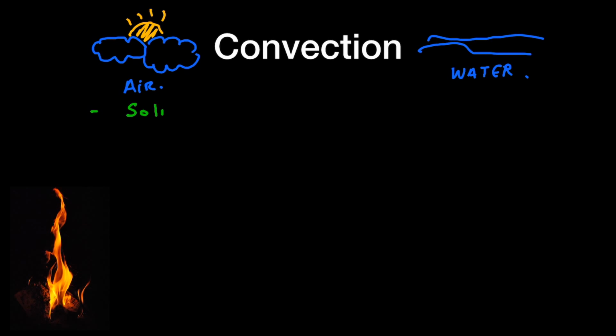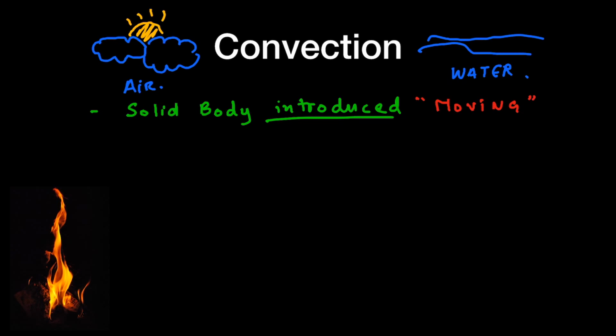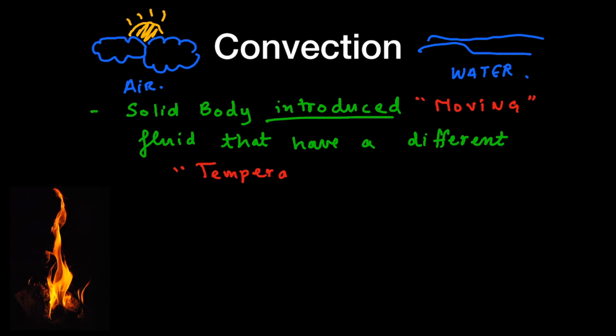So if it's a solid body and it gets introduced to a moving, this is the main word, moving fluid that has a different, what would be different? Think. Yep, temperature. Always need a temperature gradient for heat to flow through.